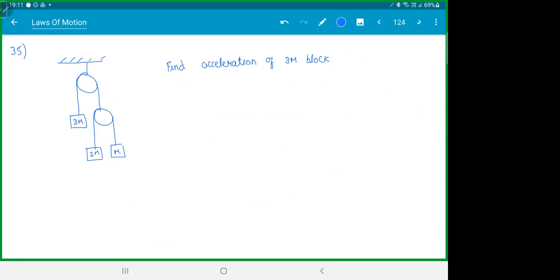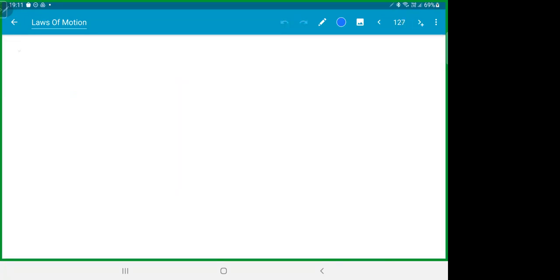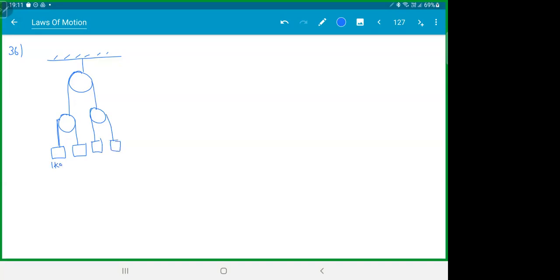Let's see a problem. One kg, 2 kg, 3 kg, 4 kg.